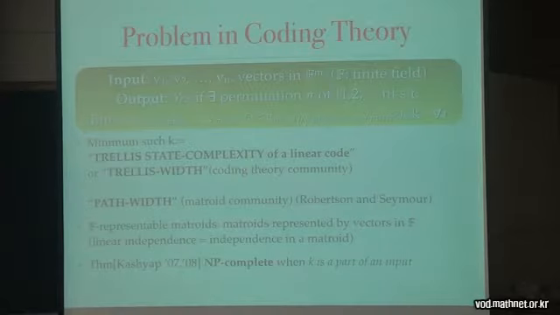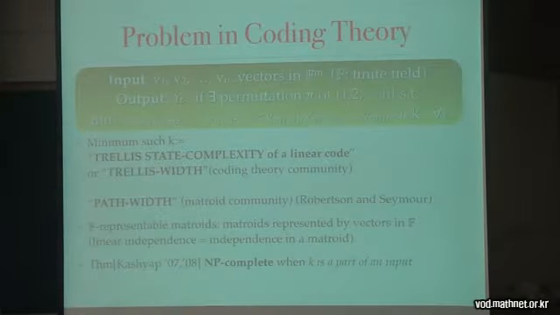People in coding theory didn't know about path width until 2007, when Navin heard a result on matroid minors, and then he proved that computing the trellis state complexity is NP-complete. This was an open problem for about 10 years, but in fact it was known in the graph theory community, and he just found the connection to prove it.